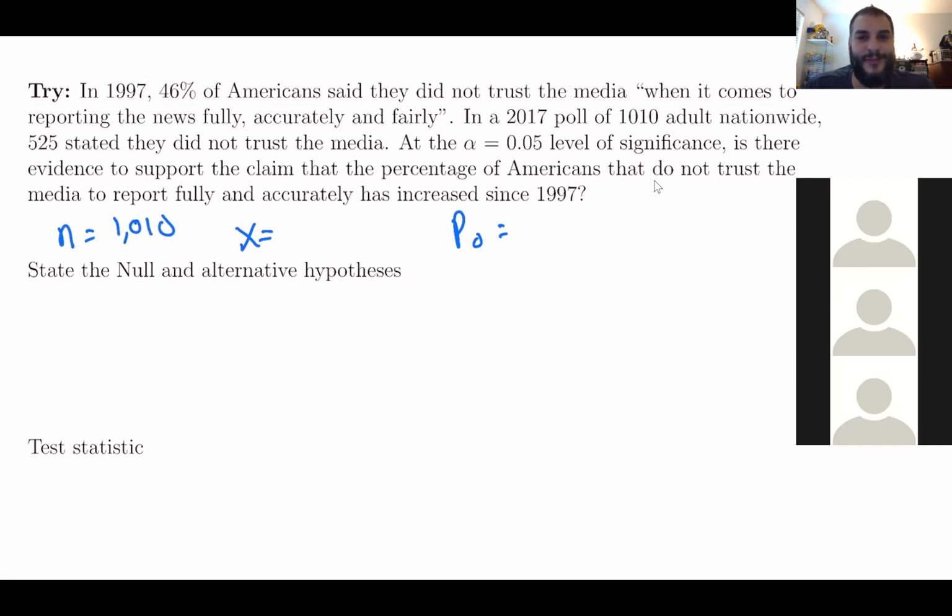How many people don't trust the media? 46%. Well, I want how many people, not the percentage. 525. All right. What was the last percentage of people who did not trust the media? 0.46.